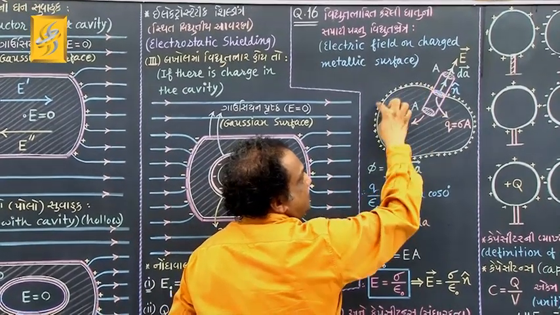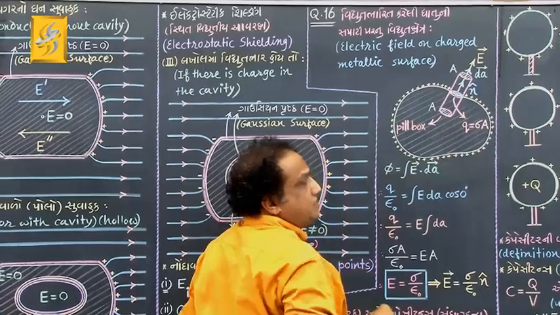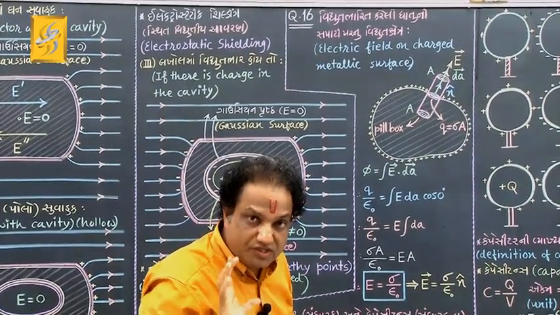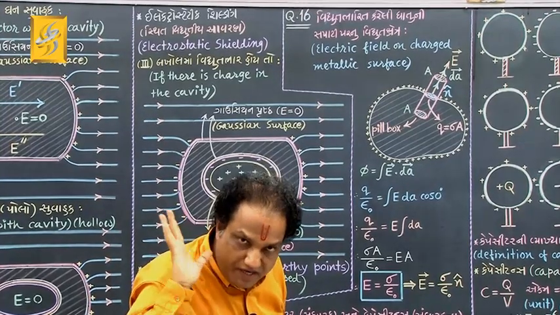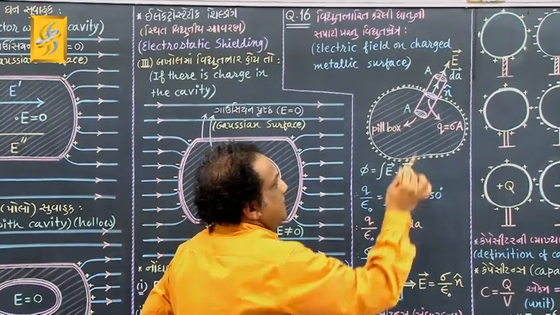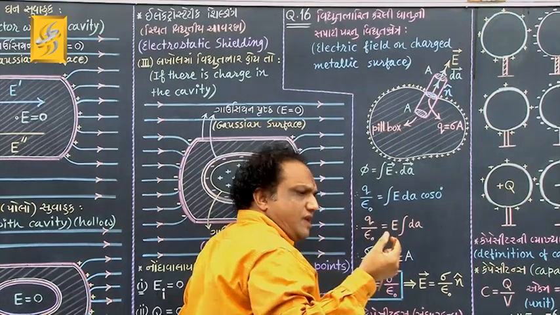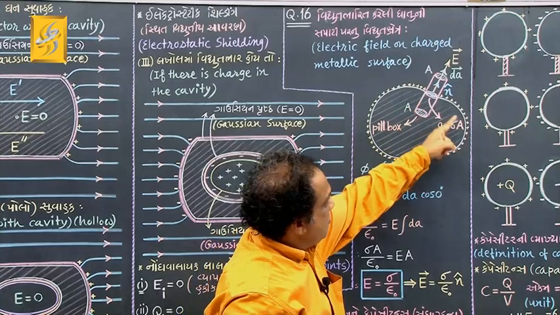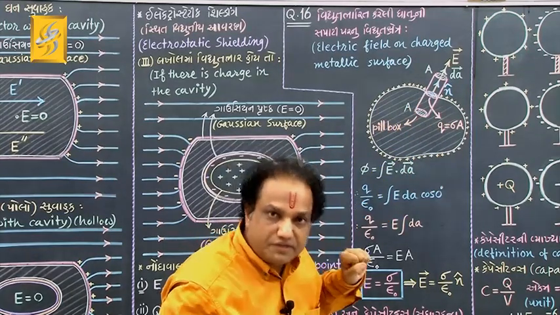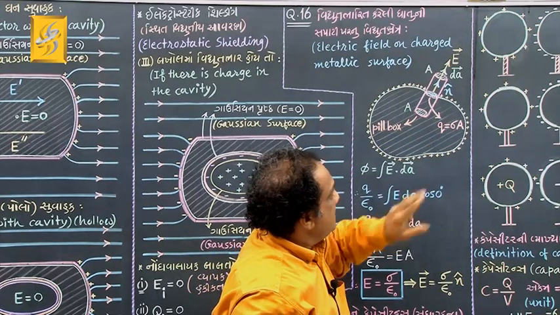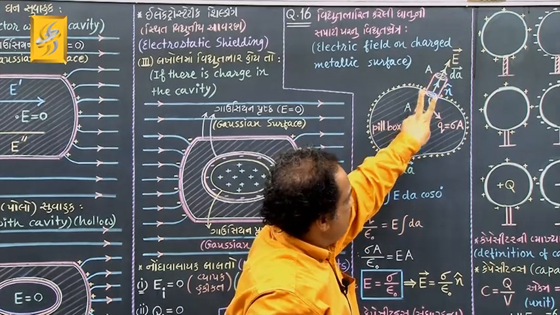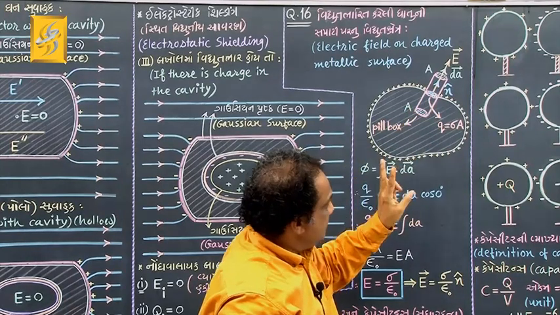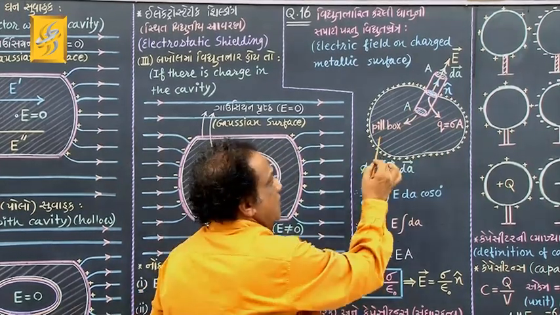Now, for this charged body, how much is the strength of the electric field at various points on the surface? That is what we have to find out. Just consider a very small cylindrical closed surface somewhere on the metallic conductor. Suppose I am taking it here. Consider this very small, very thin, narrow, closed cylinder, which we normally call a pill box.